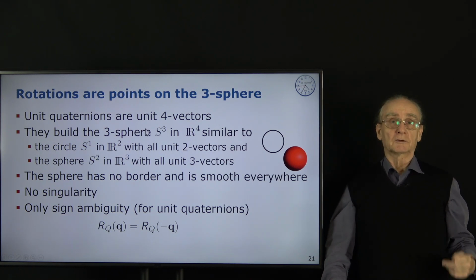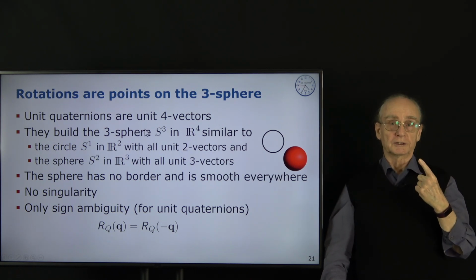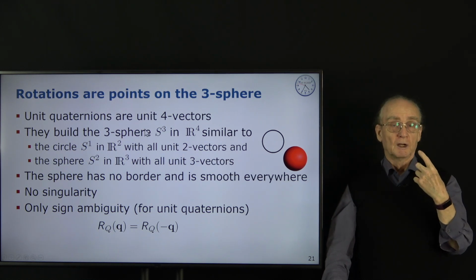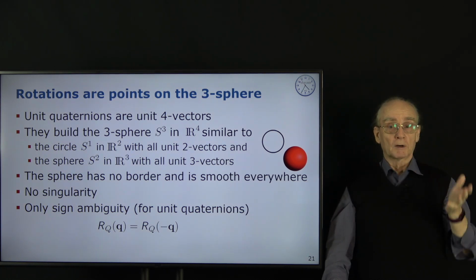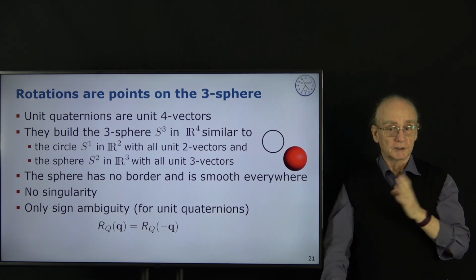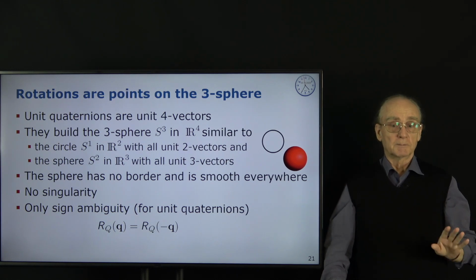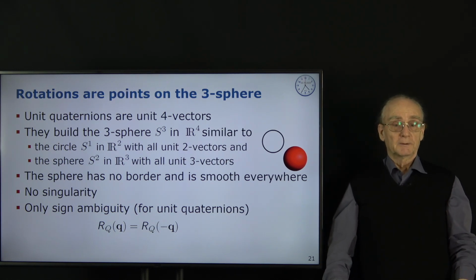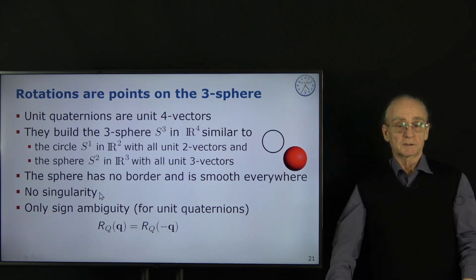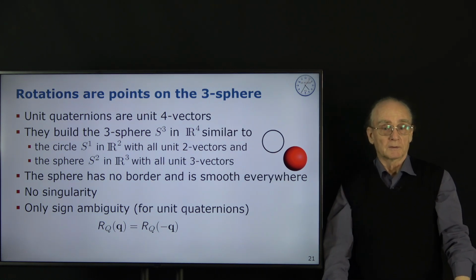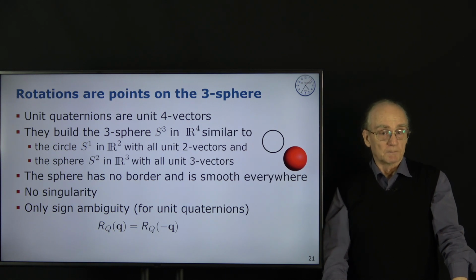That means if you have a unit vector in 4D, which represents a rotation, you have unit vectors close to it. That means you have rotations close to it. And there is no boundary. So we will not have a discontinuity, which is very important. And we have no singularity. There is no case where the representation breaks down.